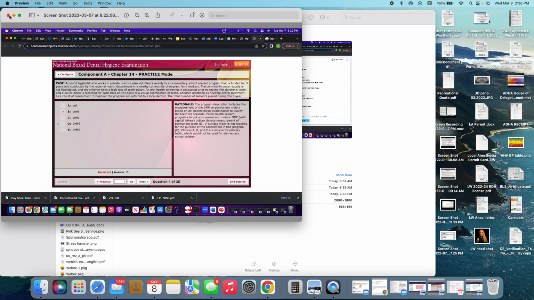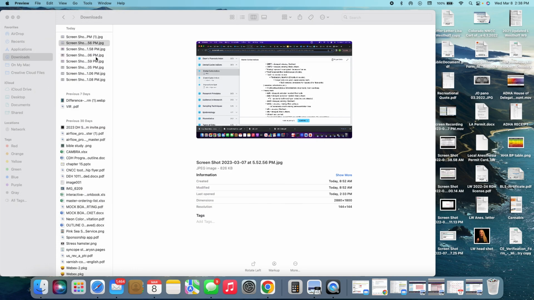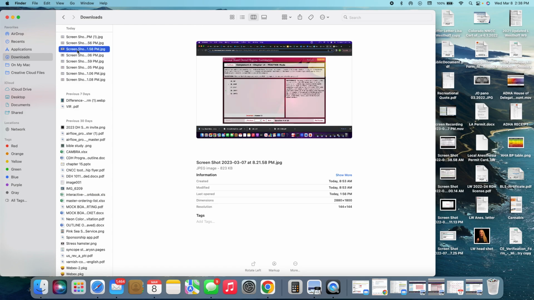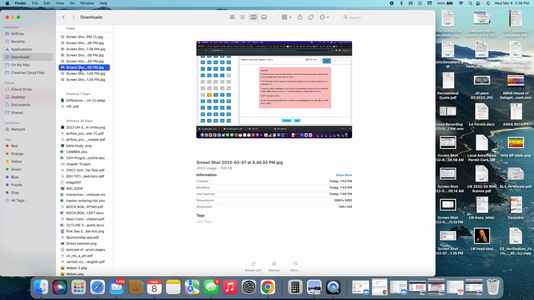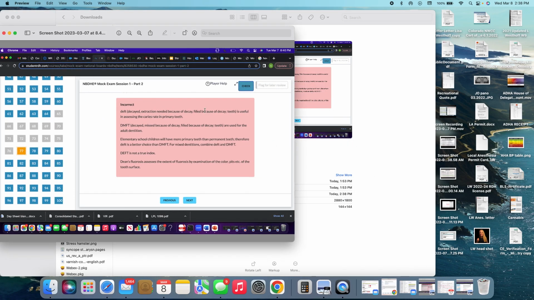And I understand how student RDH was saying that because they have, let's see if we can find their explanation here, that is useful in assessing caries rate in primary teeth, right? And the uppercase is used for adult dentition, and that elementary school children will have more primary teeth than permanent teeth.